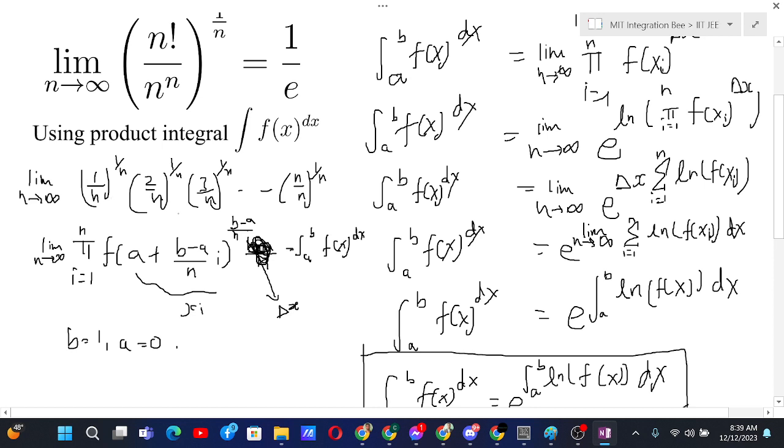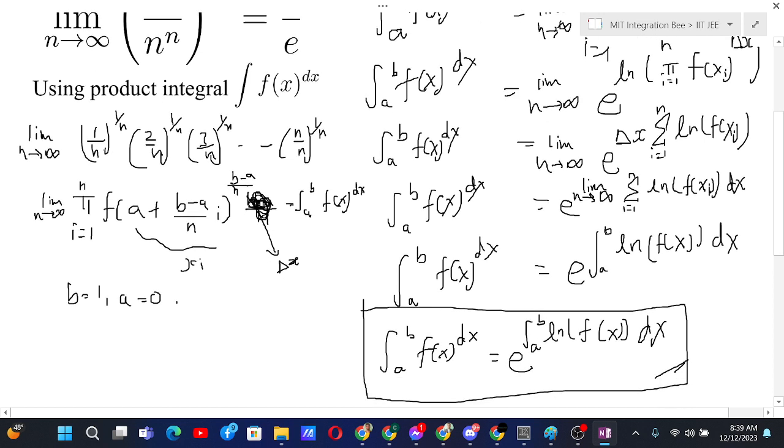So this limit is actually the product integral from 0 to 1 of f of x, and f of x over here is just x, because we just have 1 by n, 2 by n, so that's just f of x equals x, to the power delta x.